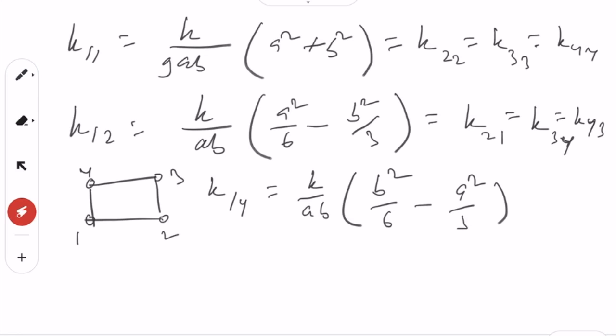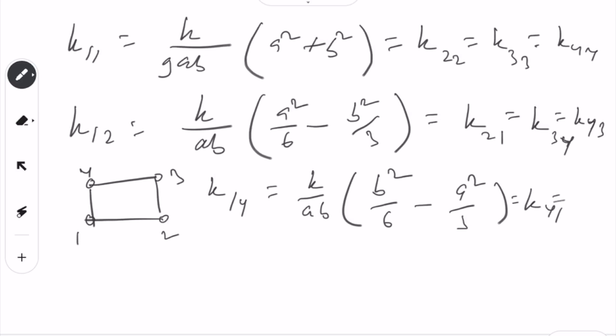Yeah, because you are interchanging a and b, that's it. Between n1 and n2 we had one case, and now you have n1 and n4, and the difference is the distance between the two. Hence if you interchange a and b, you should be able to get it.